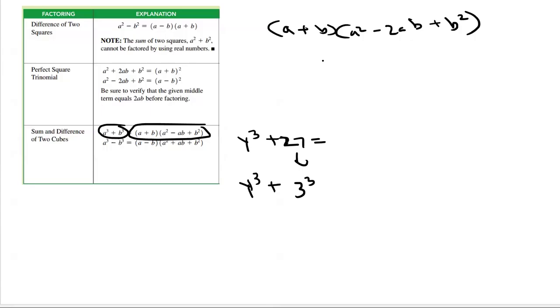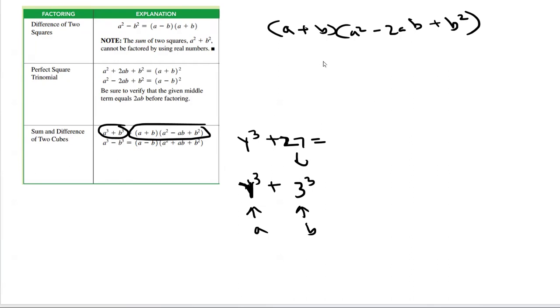Okay, so we wrote down the formula a plus b times a squared minus ab plus b squared, and then we had the y cubed plus 27, and then we rewrote it as y cubed plus 3 cubed. Okay, so in this case, this is going to be our a, the y, and then b is going to be the 3.